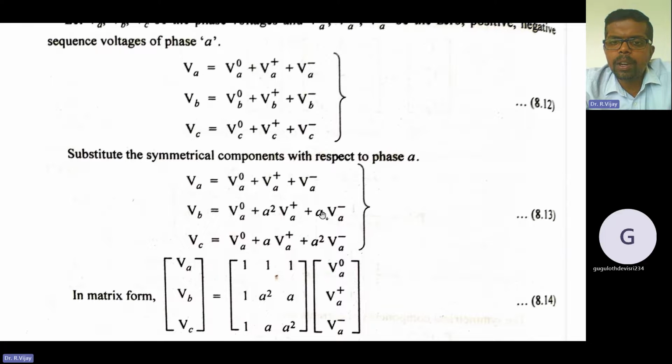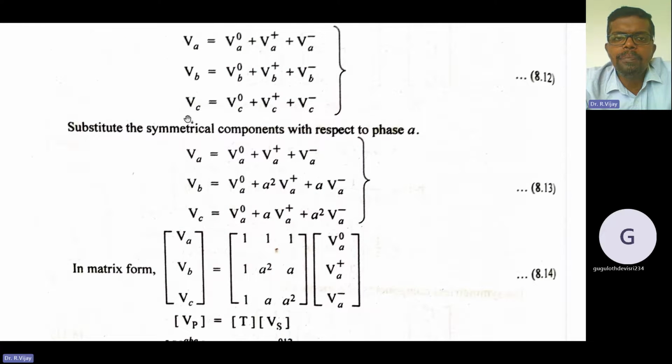VB negative is 120 degrees of VA minus, so A into VA minus. Similarly, VC is equal to VA naught plus VC positive, which is A into VA plus, and VC negative, which is A squared into VA minus.